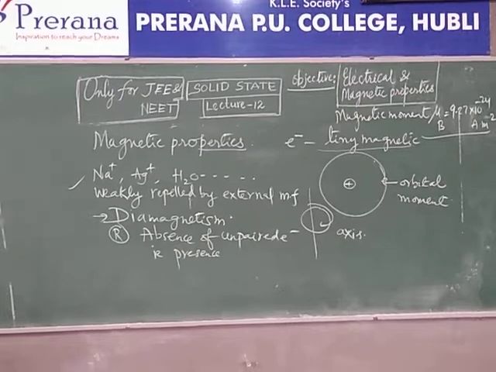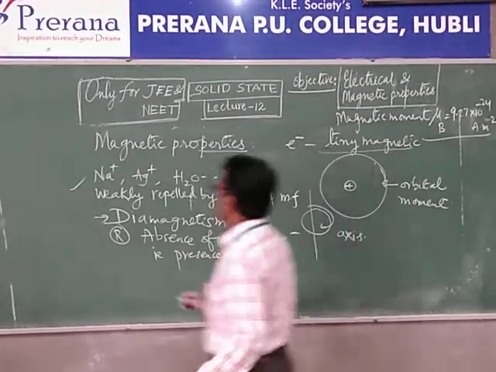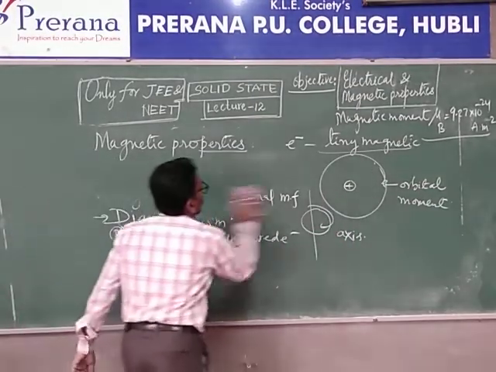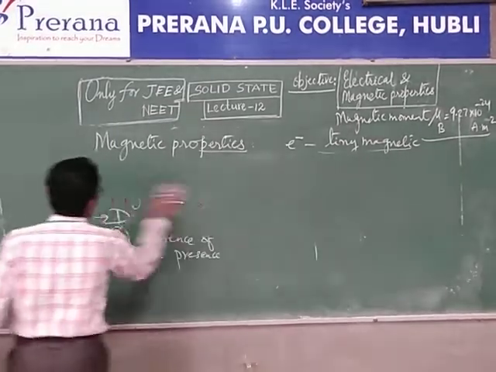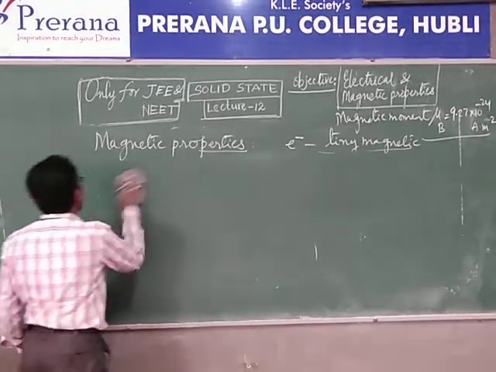Okay, right, visible. Then come to the second type of magnetic behavior you are watching. Some materials are weakly repelled by an external magnetic field. They are called diamagnetic.